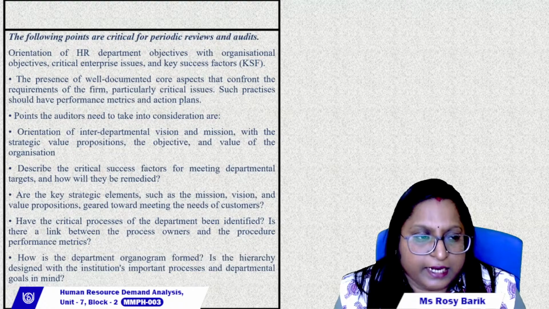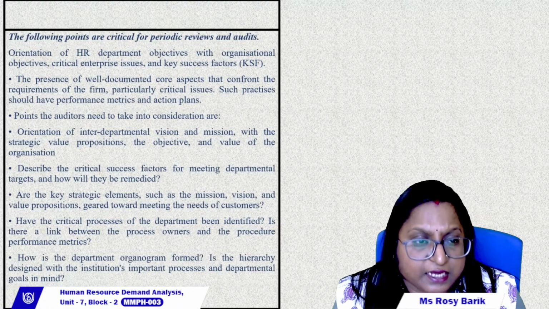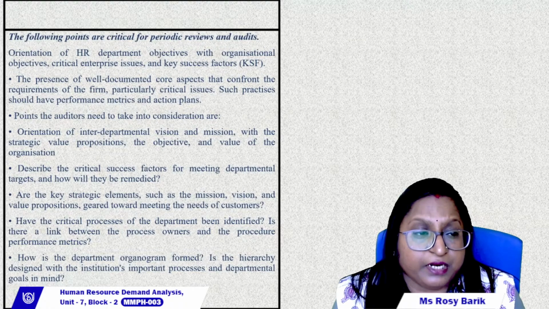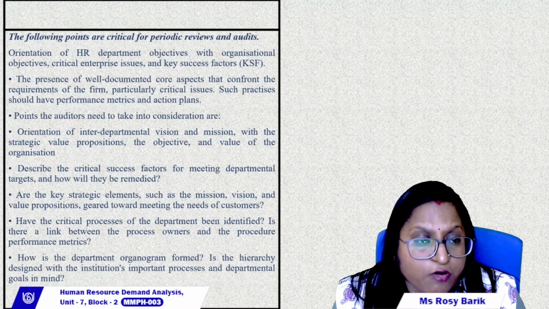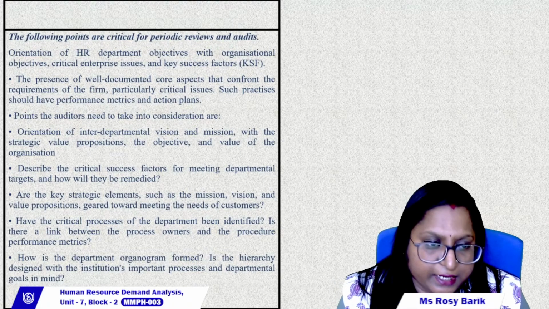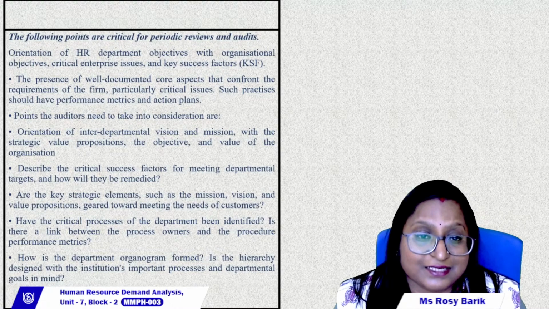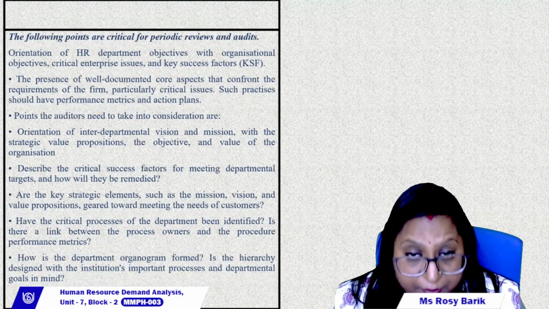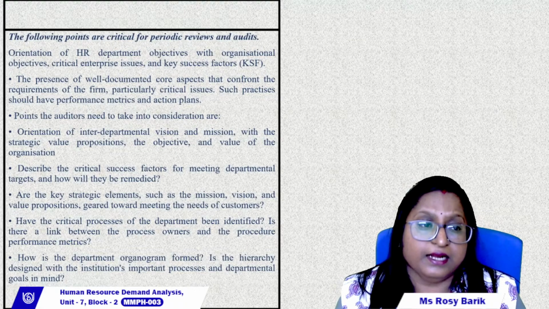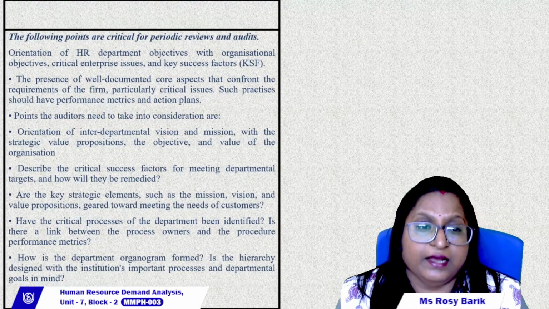Next is to describe the critical success factors for meeting the departmental targets, and how they will be remedied. That means what are the factors required for meeting the departmental targets, and how they can be remedied.